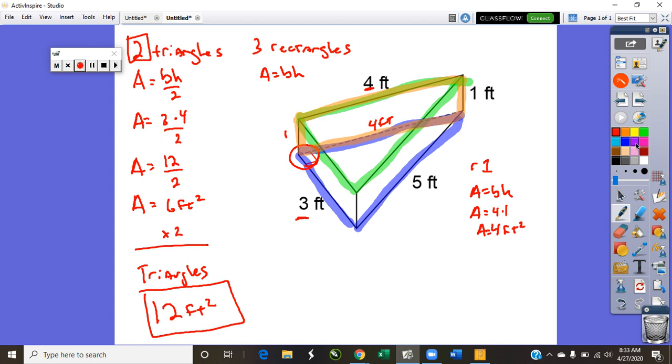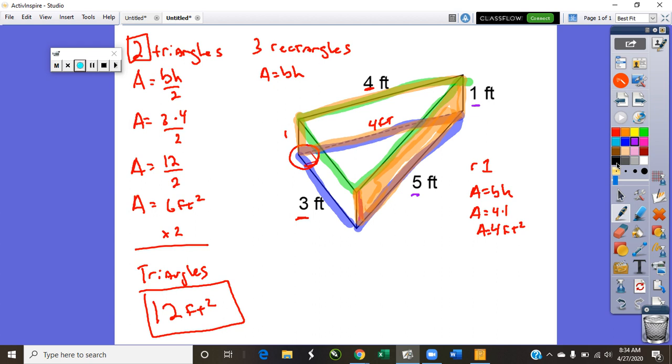Okay. Now let's take a look at finding the area of, sorry, this rectangle. All right, so let's take a look here. We've got a base here of 5 and a height of 1.